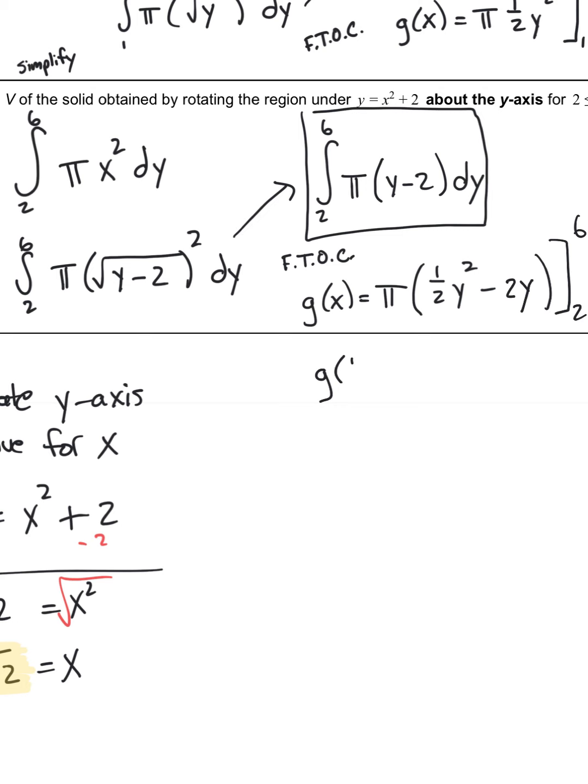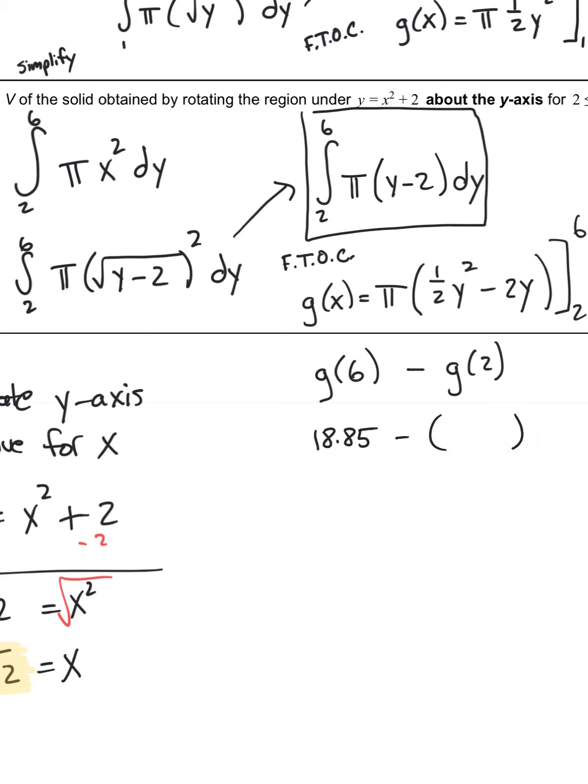We plug in the top of the rectangle, the upper limit, we plug in 6, and we plug in 2. So we are plugging these values into the antiderivative. So put the antiderivative in y equals and go to your table and find these values. All right, when I plug in 6, I get 18.85.